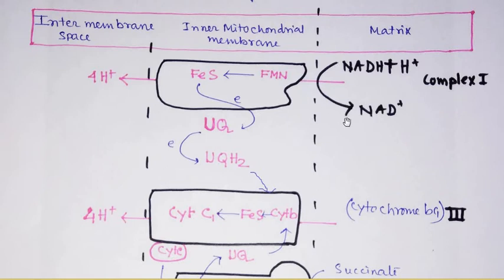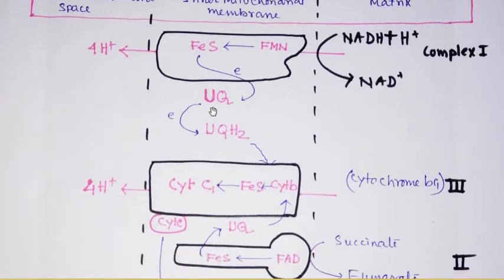During this reaction, H+ ions and electrons are transferred to the flavin mononucleotide, or FMN, of complex 1. FMN releases its H+ ion to the outer chamber and the electron to the FeS. Then FeS transfers this electron to the ubiquinone.